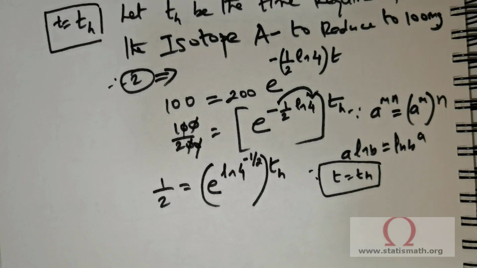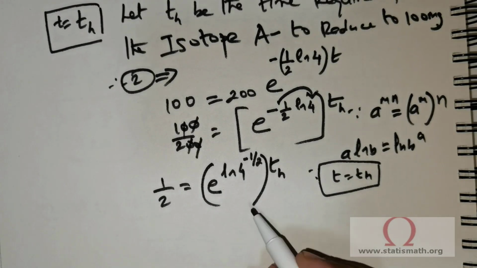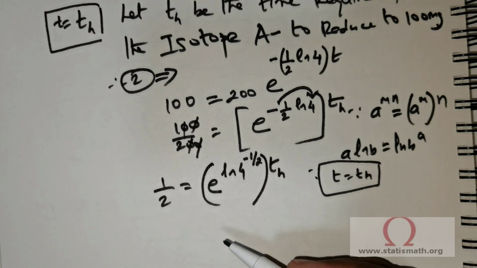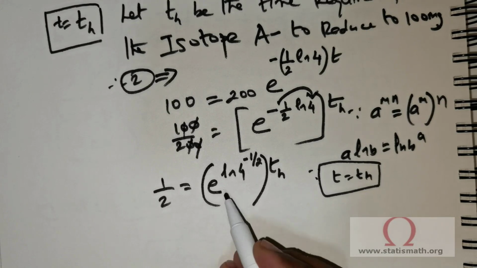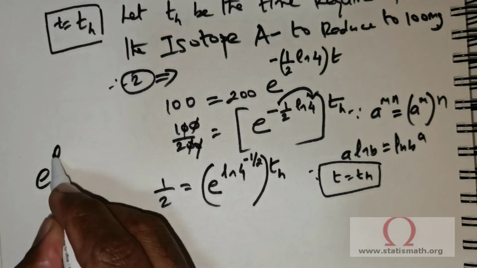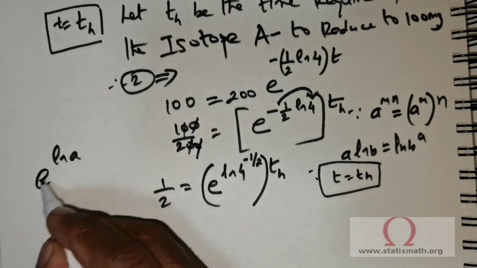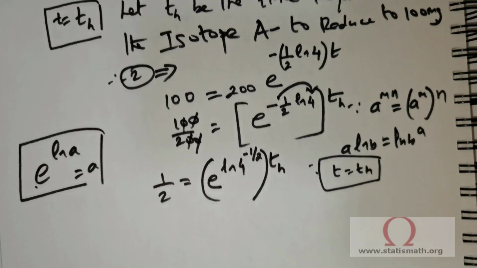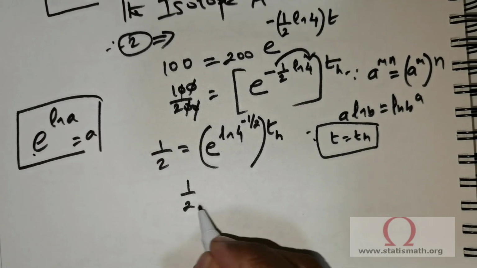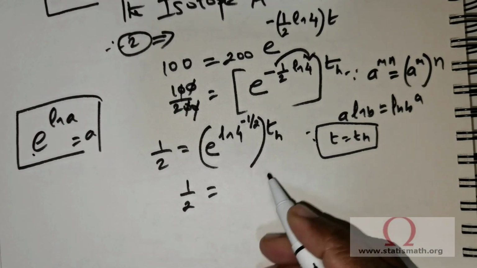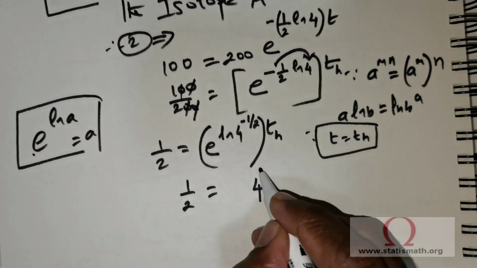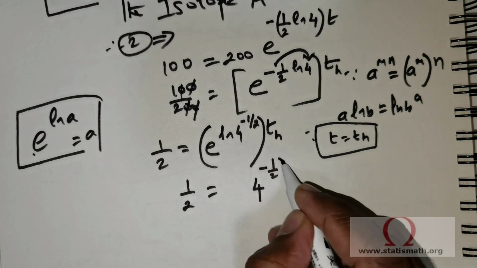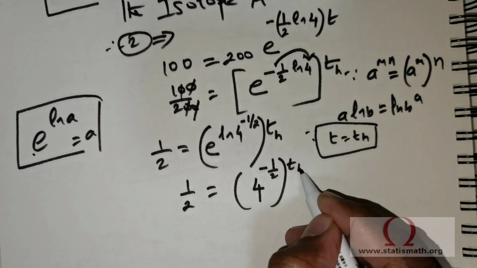Now the question is simplifying. So how are we going to simplify this? Now, if I use the concept that e raised to the power ln a, the e and the ln get cancelled, giving me a. If I were to use that, then I would end up with 1 over 2 being equal to, the e and the ln get cancelled, giving me 4 raised to the power negative 1 over 2, and that is raised to the power th.